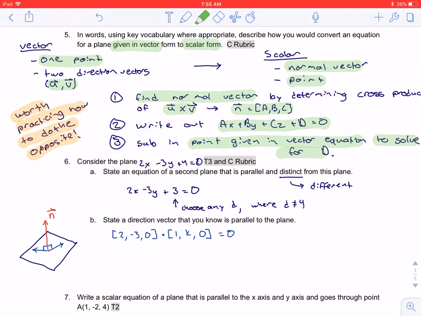Then 2 minus 3k equals 0, so k is 2/3. So one direction vector would be 1, 2/3, 0. This would be one possible answer.